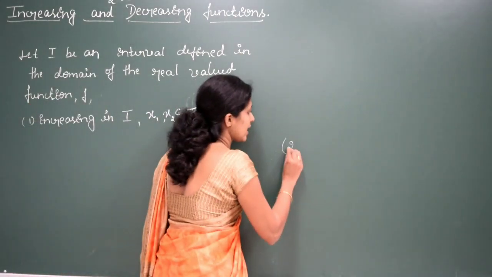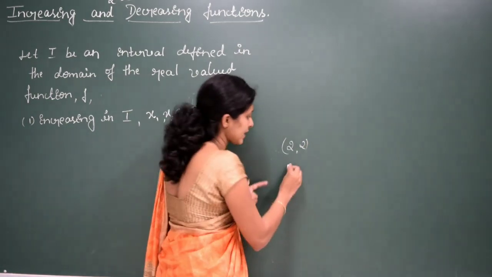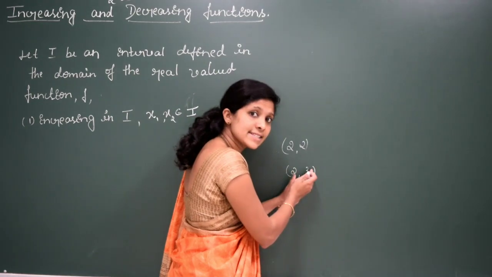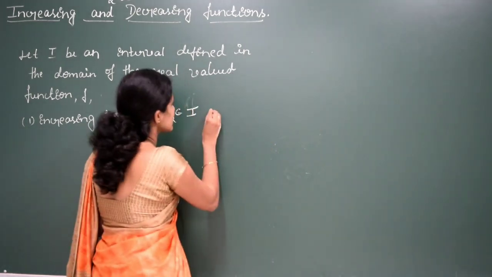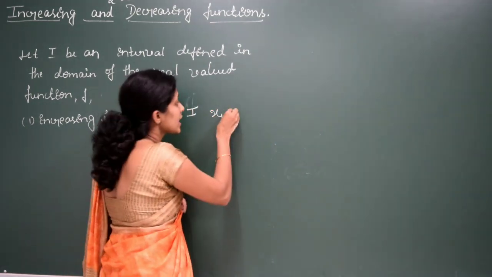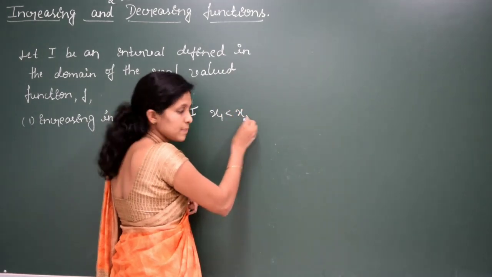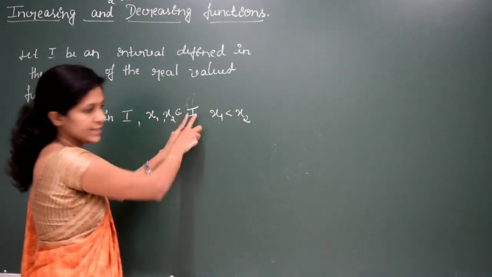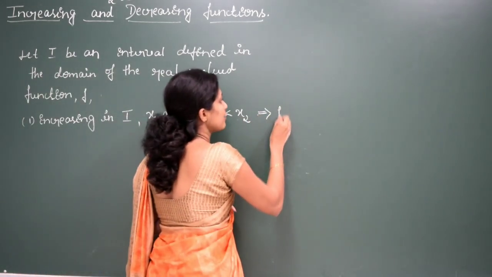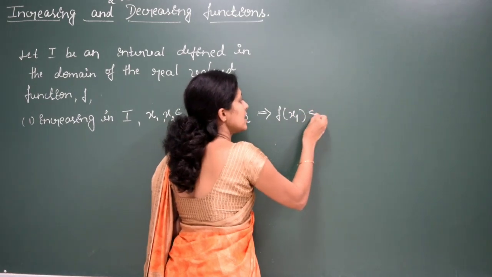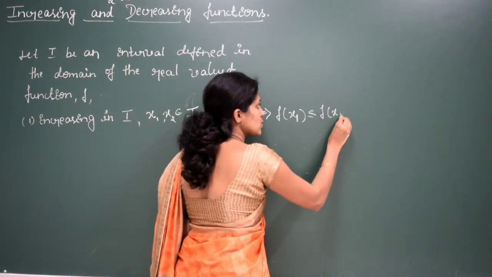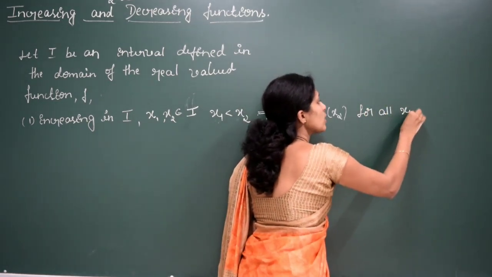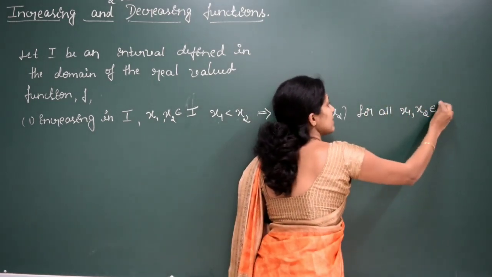Can I consider the interval as 2, 2? No, right? I can consider the values as 2, 3. Always the first value should be less than the second one. So if x1 is less than x2, it implies f of x1 is less than or equal to f of x2 for all x1, x2 belonging to I. Is it clear?